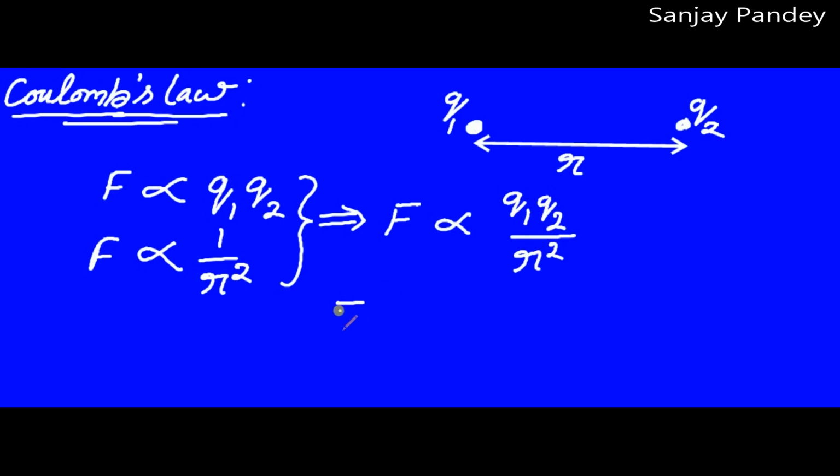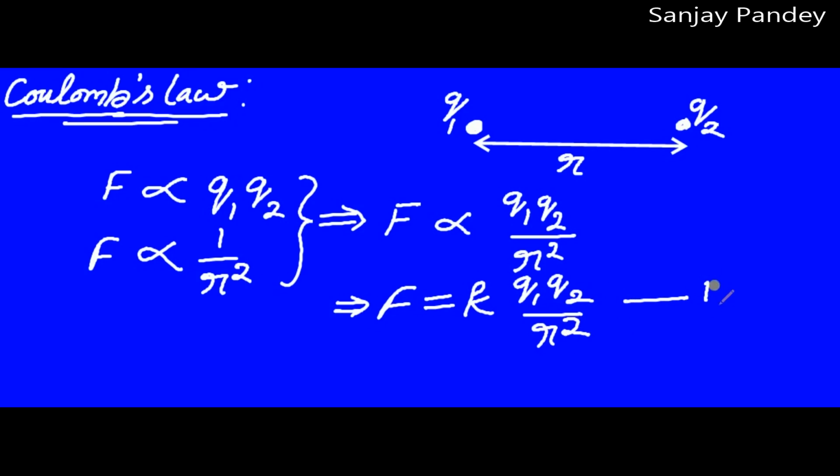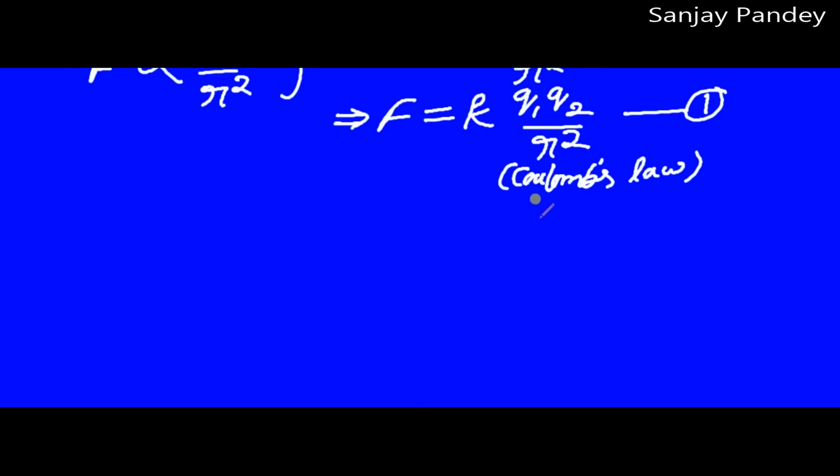It means F is equal to K, the proportionality constant, q1 q2 upon r square. Suppose we write this as equation 1. This is your Coulomb's law.